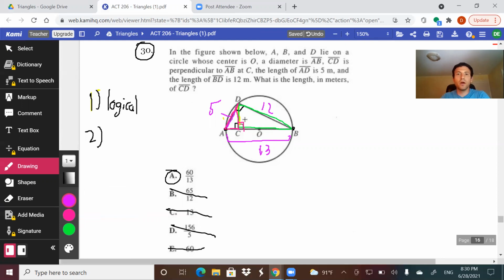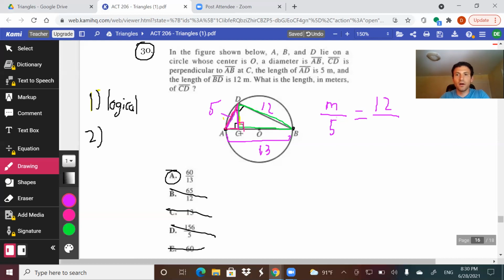So it wants to know the height, the medium side. DC is kind of the medium side of the smallest triangle. So what we know is medium side to the hypotenuse, the big side of the smallest triangle, is equivalent to, on the big triangle, the medium side, which is 12, right? DB.